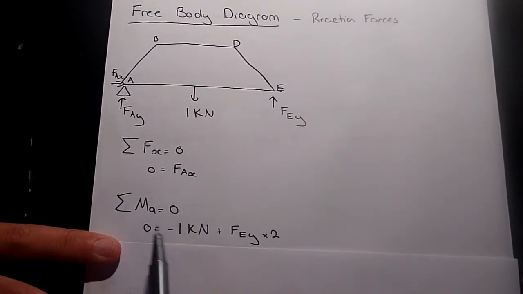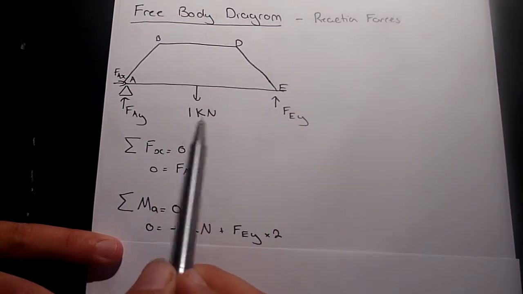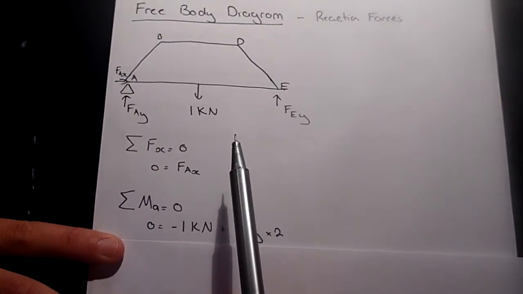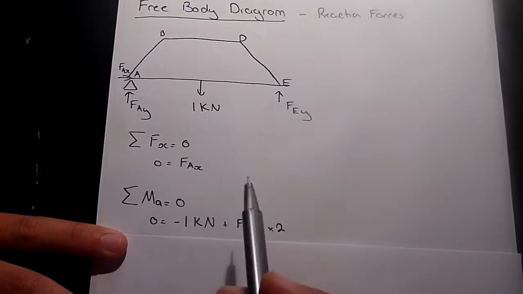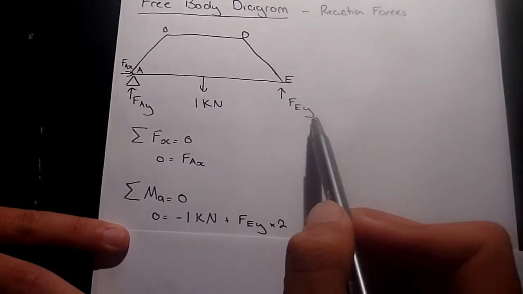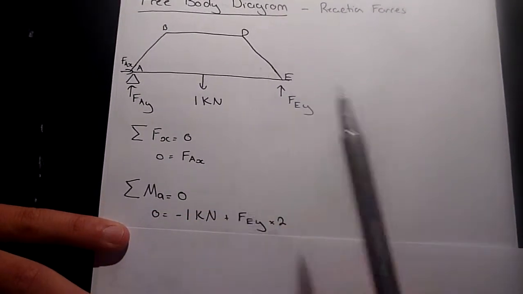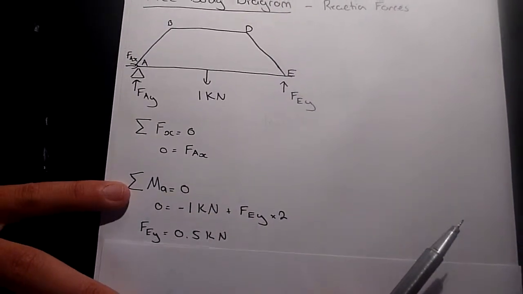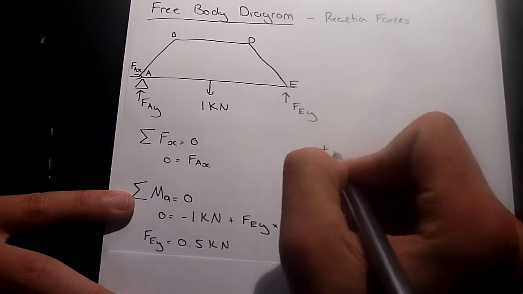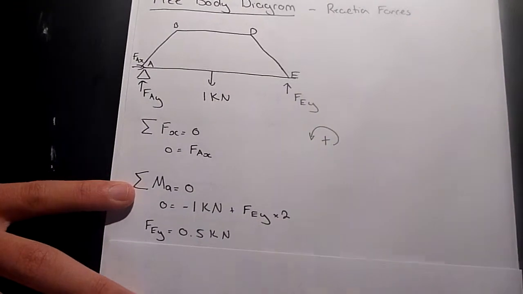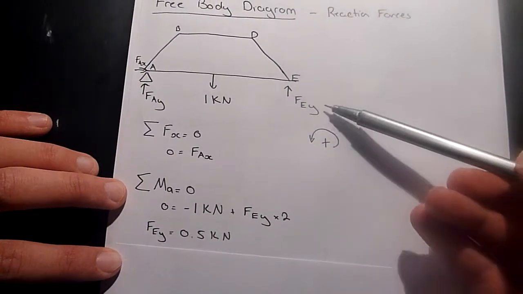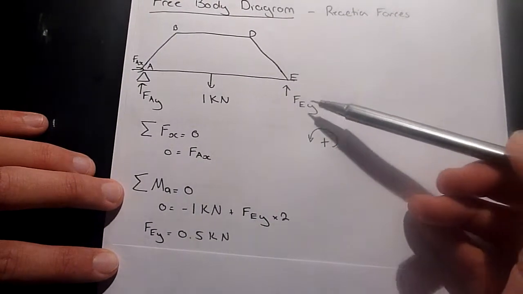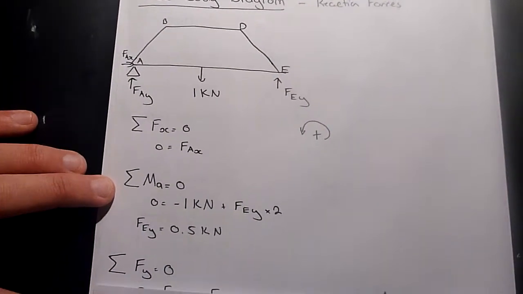So 0 is equal to this 1 kilonewton in the negative direction, going clockwise, and Fe of y 2 meters away going anti-clockwise, assuming positive is anti-clockwise. From this we can calculate that Fe of y is 0.5 kilonewtons in the positive y direction.